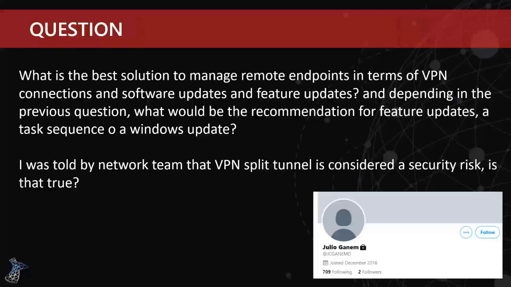split tunnel being a security risk is at best a 20-year-old misnomer. It's really rooted in a previous viewpoint that, hey, my network is secure. Anything that's in my network is therefore safe. It's not really been true for a very long time.